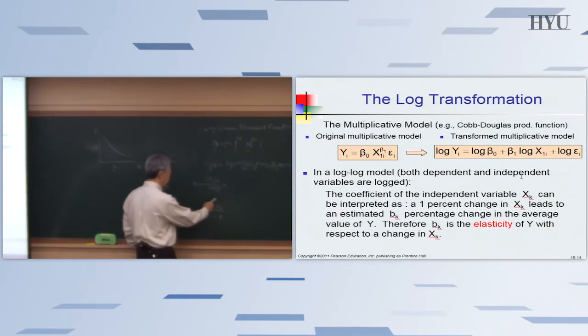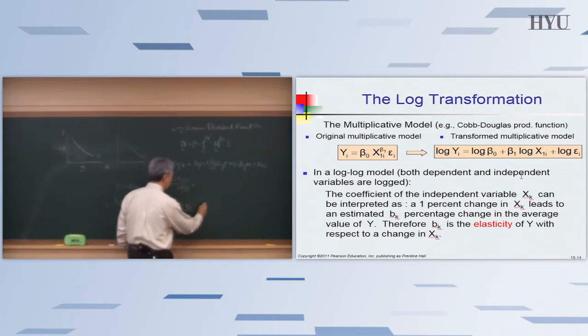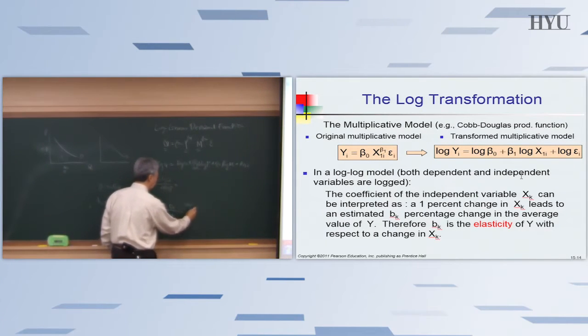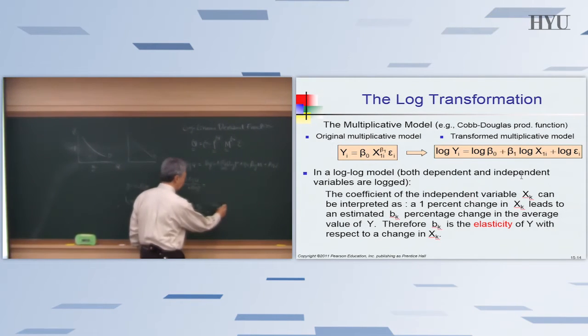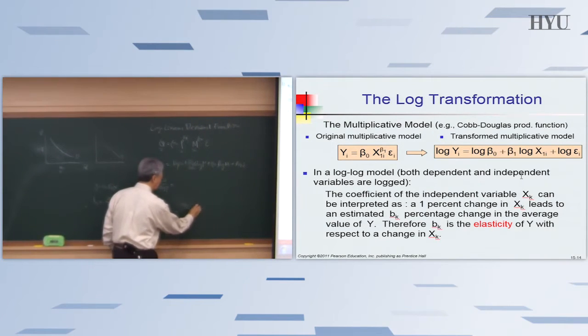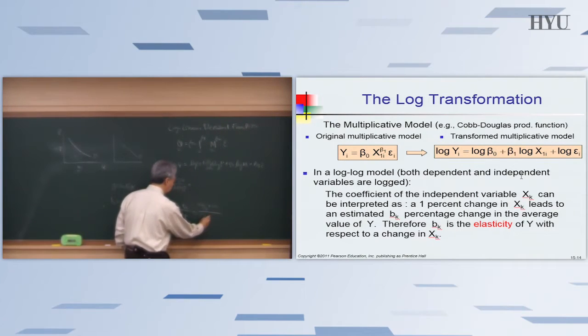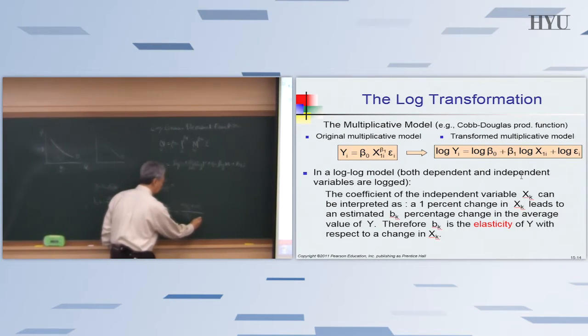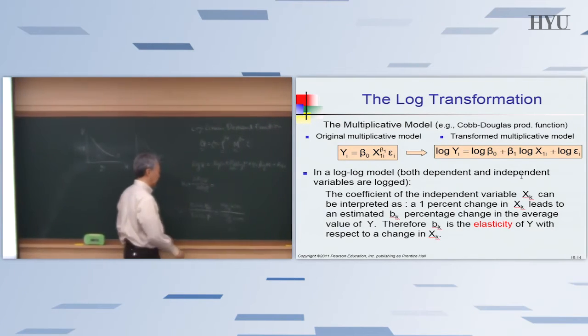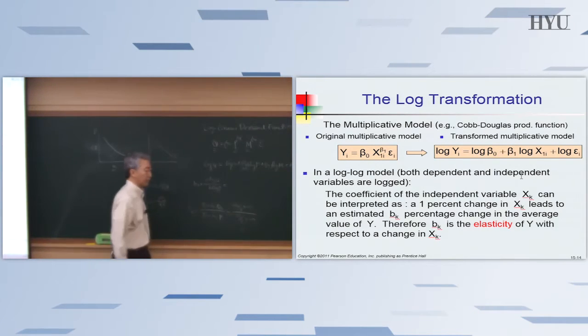Well, the percentage change is change in quantity over initial quantity times 100. Okay? The whole thing divided by change in price over initial price times 100. Right? Percentage quantity, percentage price, right?